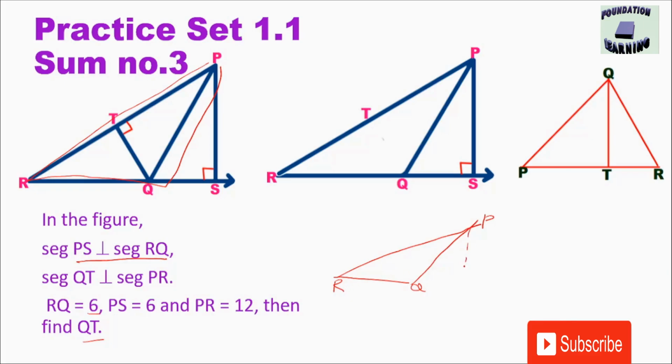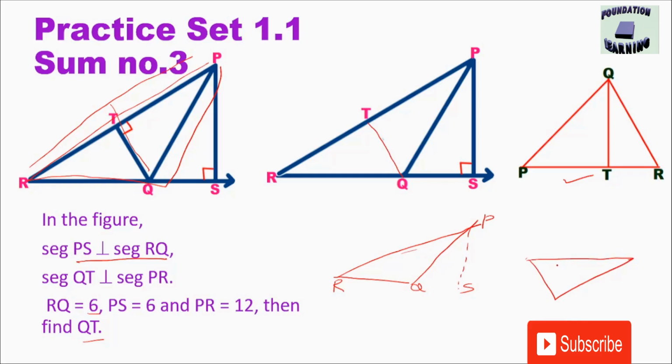Here it is. So that is why we have PS as the height. Now, if we take PR as the base, then the height will be this. In this case, the triangle is acute, so the height will come inside only. So the shape is something like this.